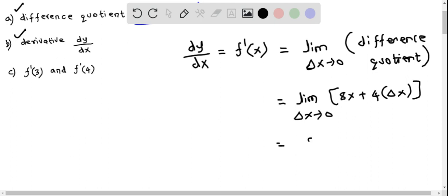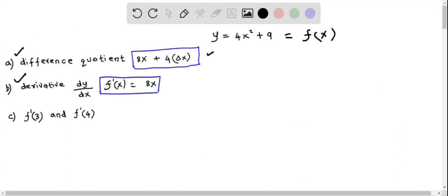So therefore this becomes 8x plus 4 times of delta x is approaching 0. So we can substitute 0 for delta x. So therefore this becomes 8x plus 0 is 8x. So this is the expression for the derivative dy by dx, or we can also write down this as f prime of x, which is the derivative of the function f of x.